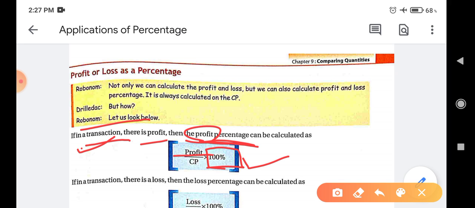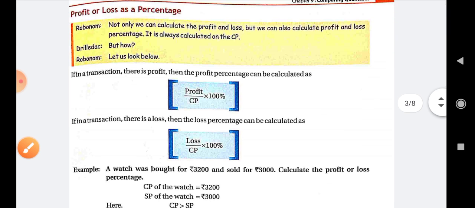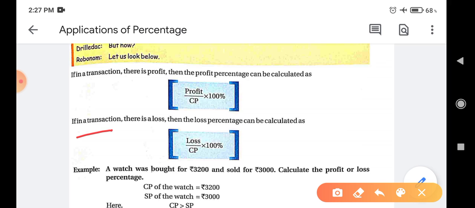Profit is written in the numerator and in the denominator we write CP, because profit is always calculated on CP. Similarly, we can find loss percent. If in a transaction there is a loss, then the loss percentage can be calculated as loss over CP multiply 100%. So this is loss percent.